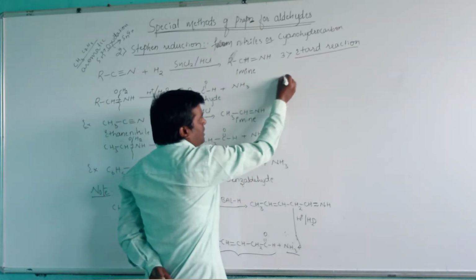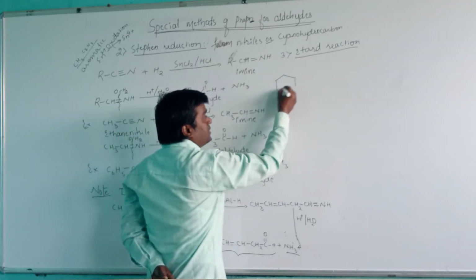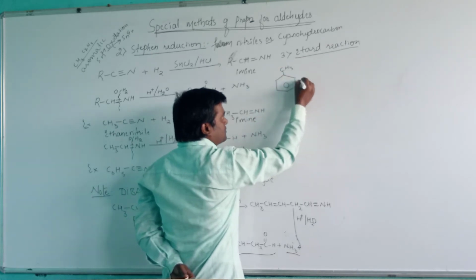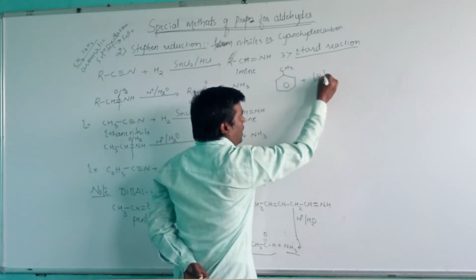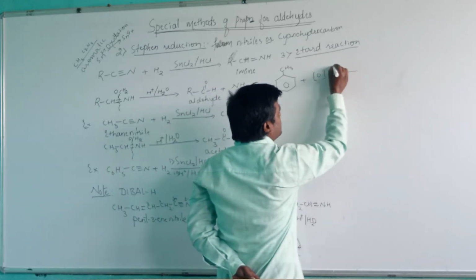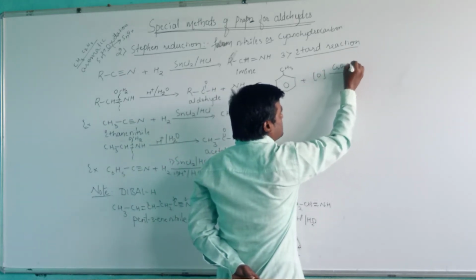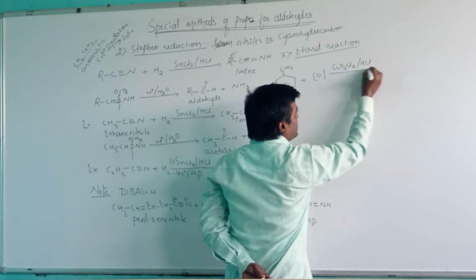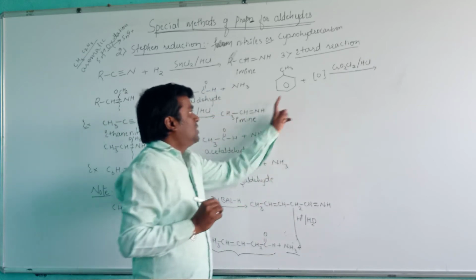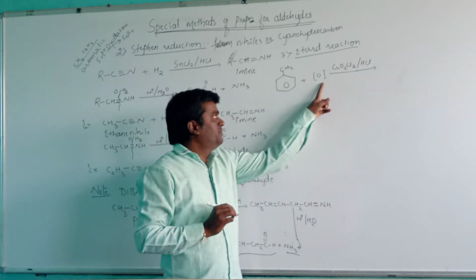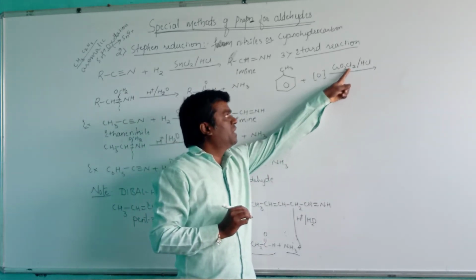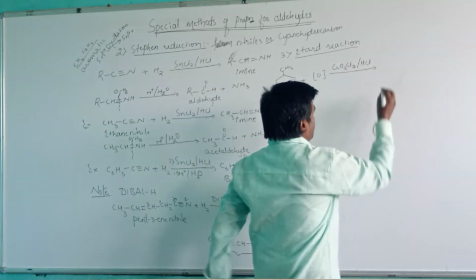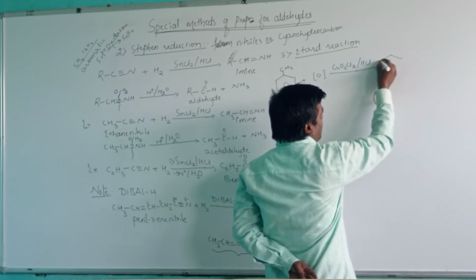Here, toluene will undergo oxidation in the presence of chromyl chloride, that is CrO2Cl2, in concentrated hydrochloric acid. The toluene will undergo oxidation in the presence of chromyl chloride and concentrated hydrochloric acid. It will give the compound benzaldehyde.